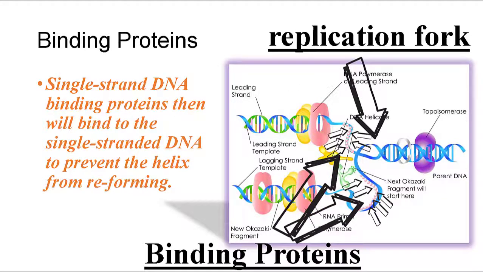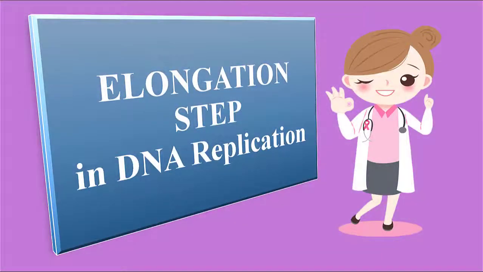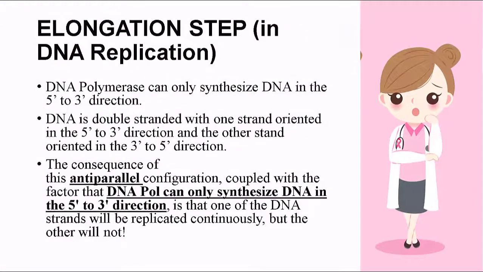from reforming. Now let's look at the elongation step in DNA replication. DNA polymerase can only synthesize DNA in the 5' to 3' direction. DNA is double-stranded, with one strand oriented in the 5' to 3' direction, and the other strand oriented in the 3' to 5' direction.